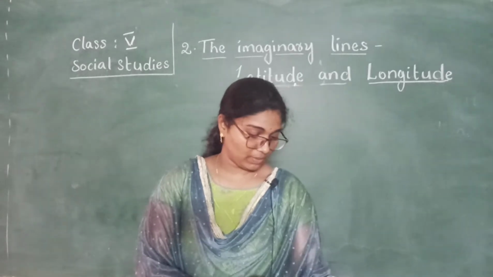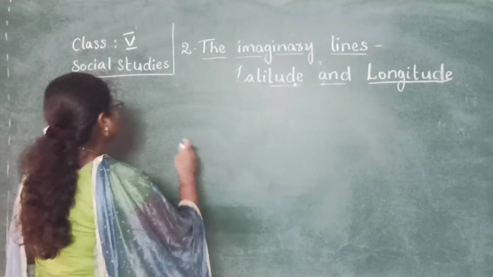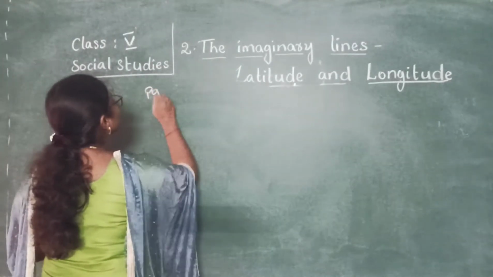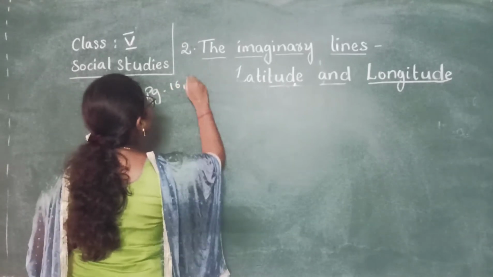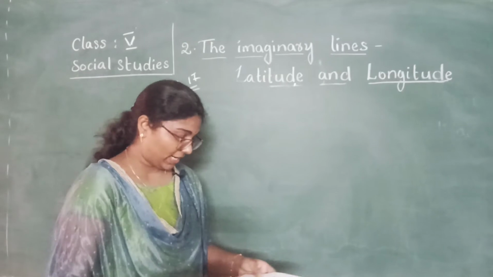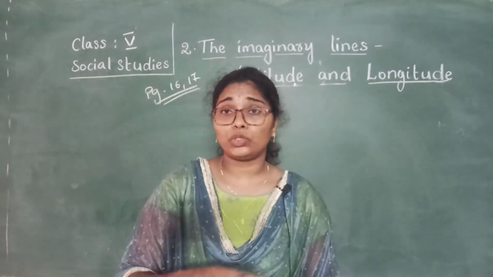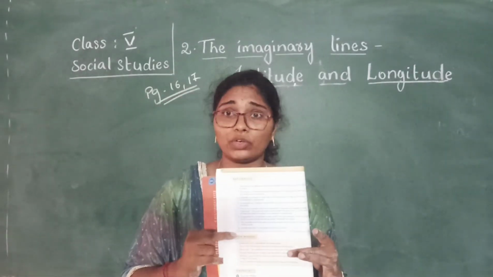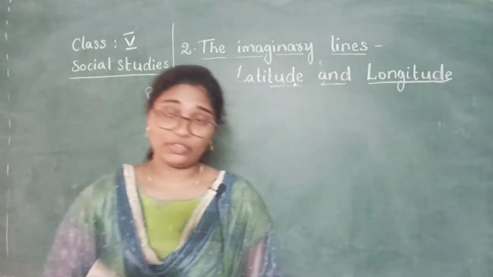Right, Nana, in page number 16 and 17 you have textbook exercises. I am not writing the questions, so I will read them out for you and I will send the photo of this page in your WhatsApp group, and note down the answers then.